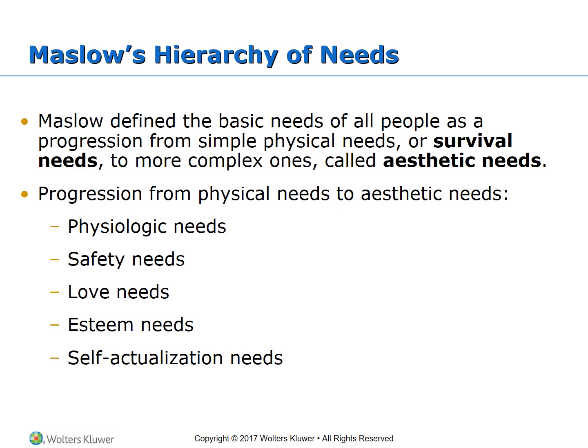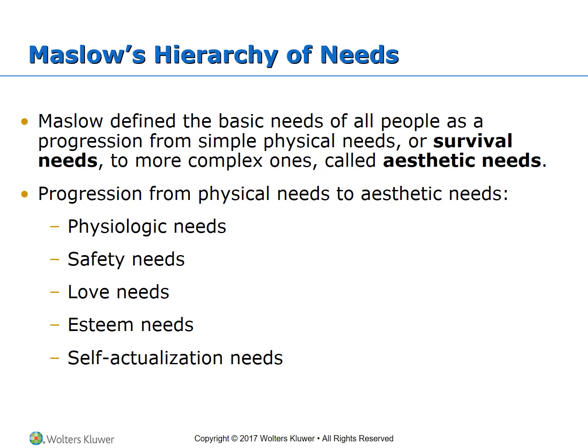So then we move from our physiologic needs to our safety needs. Safety needs are both physical and psychological needs, such as freedom from harm, financial security, healthcare, shelter. Then we move on to love needs, which are social needs, spiritual needs. Esteem needs are your self-esteem.